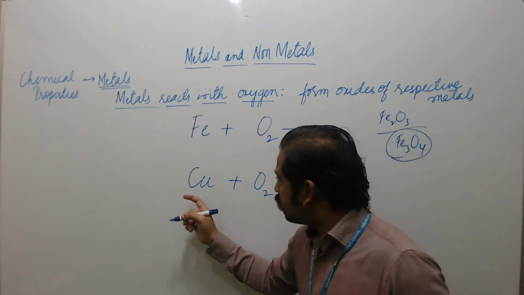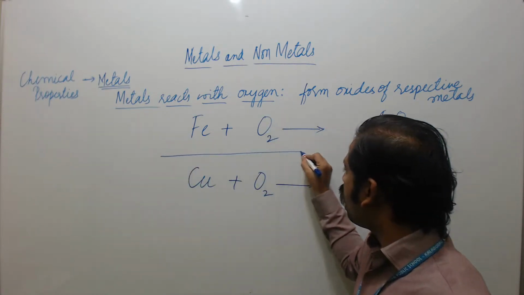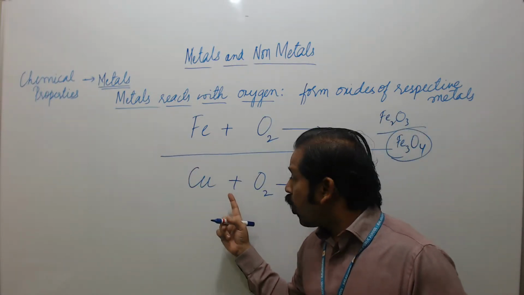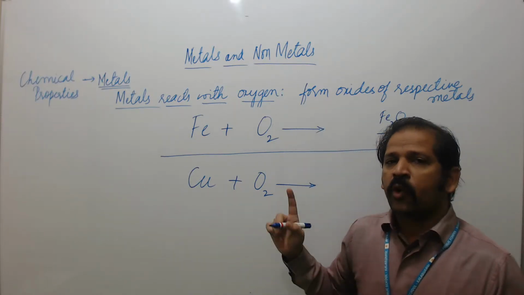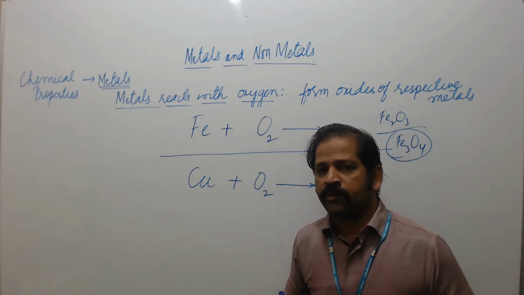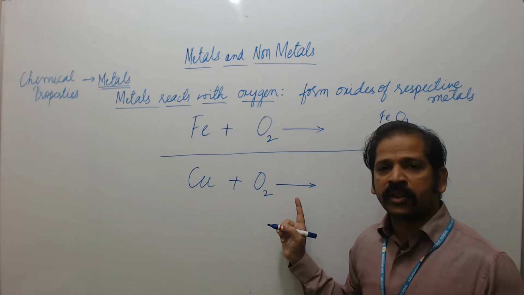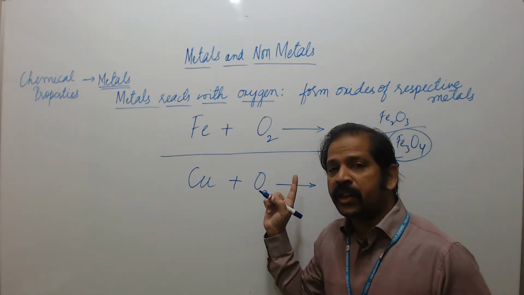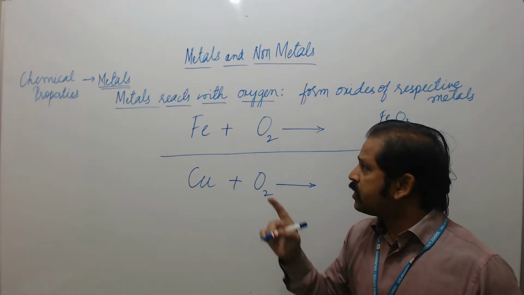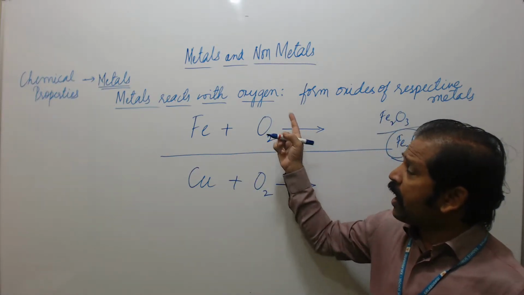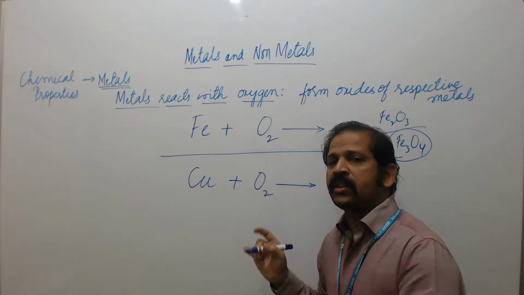And this reaction, copper reacts with oxygen to form copper oxide. This is the oxidation reaction. If you open page number 12, you have copper reacts with oxygen to form copper oxide as an oxidation reaction. Yes, both of these are from chapter number 1. But why am I showing these elements at the last?